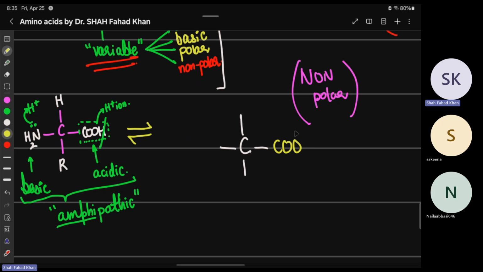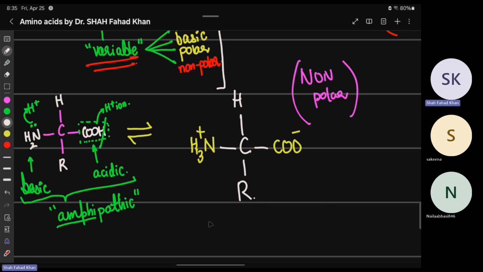The carboxylic part has lost the proton, so it's going to be COO negative. And the NH2 part is going to gain a proton, so it's going to be NH3 positive. But because the same compound contains positive and negative in equal quantity, the overall charge is going to remain 0. The rest of it stays the same.